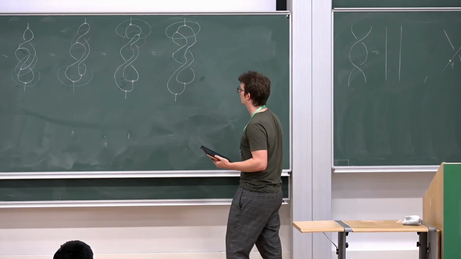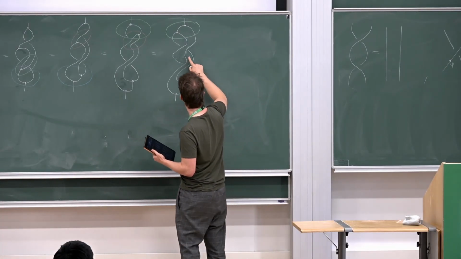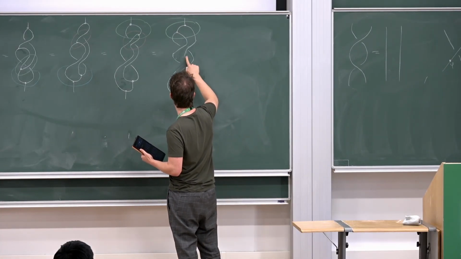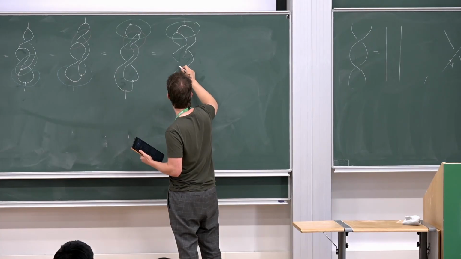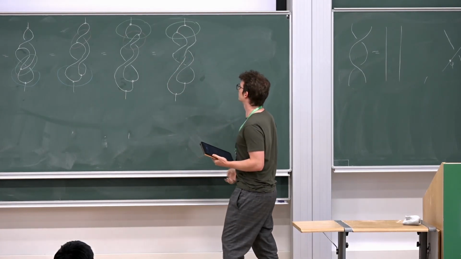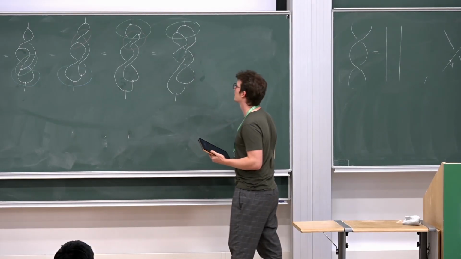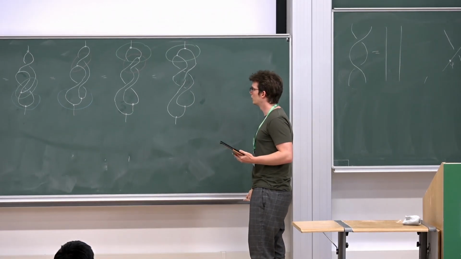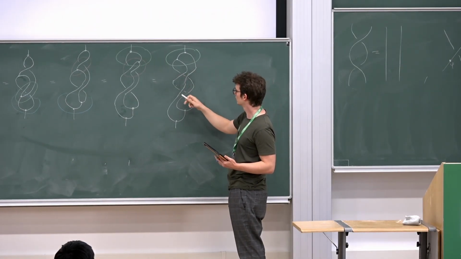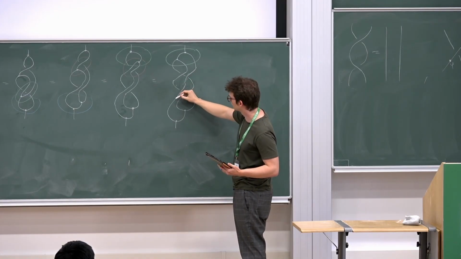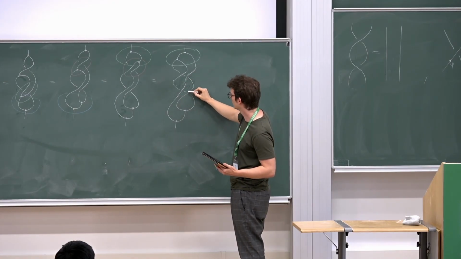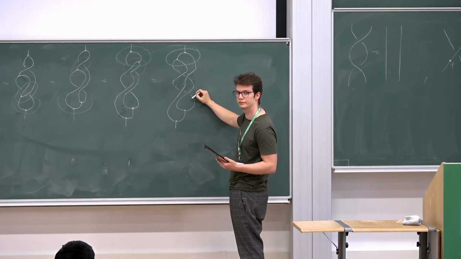And now we can see we have a braiding here, then we have this line which goes over everything, and we have the inverse braiding here.